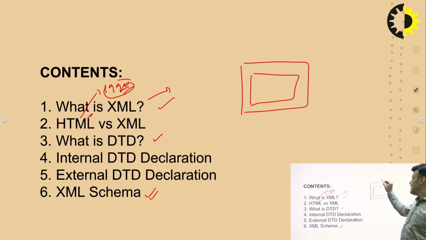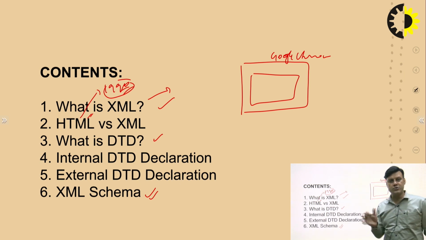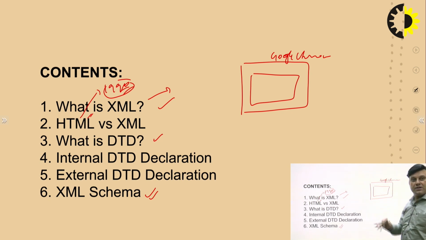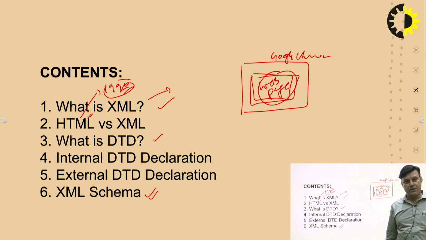For example, we have Google Chrome, Internet Explorer, Safari, Firefox. There are a lot of web browsers. So the web browser translates those written text, those written elements, in the form of a picture. We see the web pages, and a number of web pages give rise to a website.